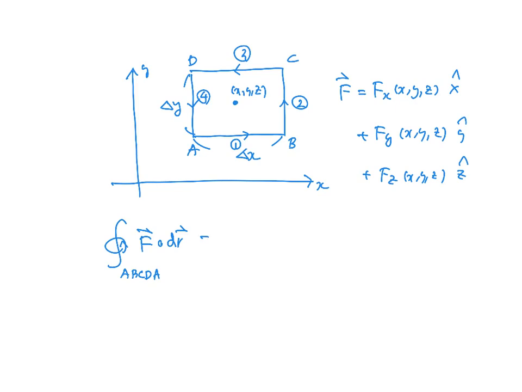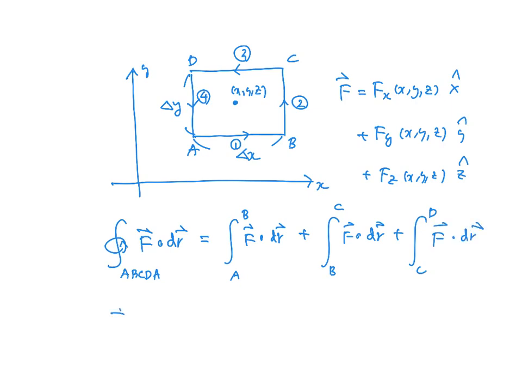So we can split it as A to B, F dr, B to C, F dr, C to D, F dr, plus D to A, F dr. So I'm going to denote these as 1, 2, 3, and 4.